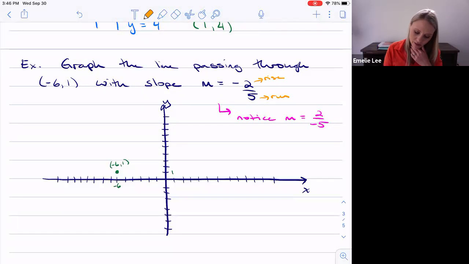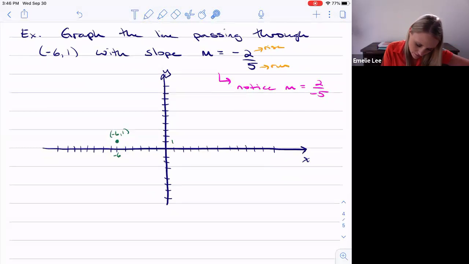So if we have a look at it like it is, -2 is our rise, which means we would go down 2, right? Let's see here. 1, 2 to -1. So run equals -2.